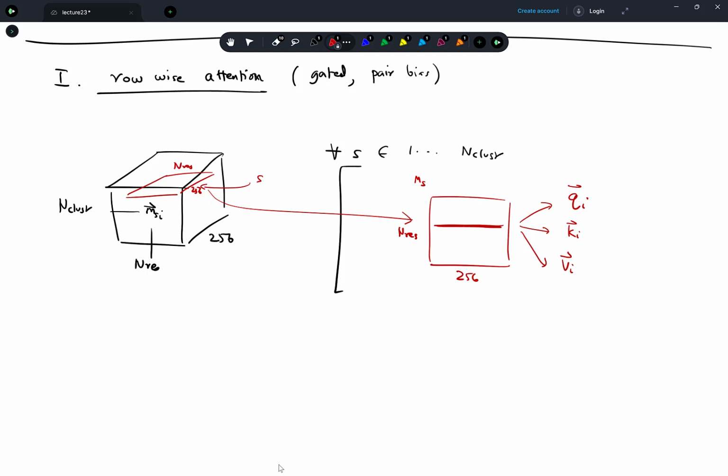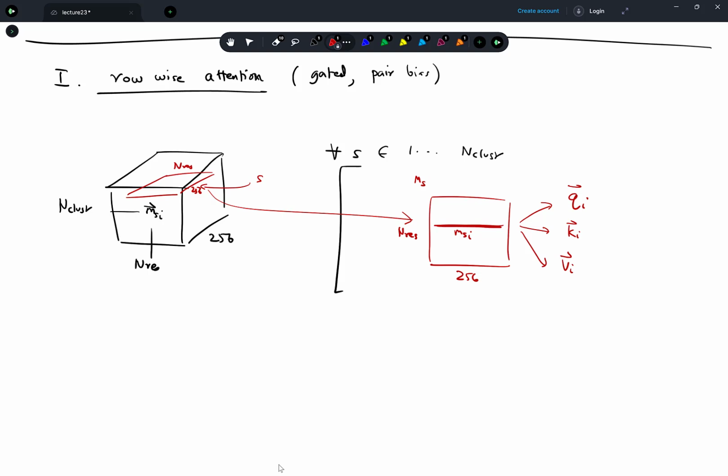This is just redrawn because I'm focusing on only one S for now, so S you can ignore. I could have just called this m_i, but to be clear, it is actually m_si, because S is fixed and all the i's range from 1 through nres. So you take this m_si for a fixed S and then you create these three projections. Technically I should probably add a superscript here because we're going to do this for each S subsequently, but let's not worry about that.